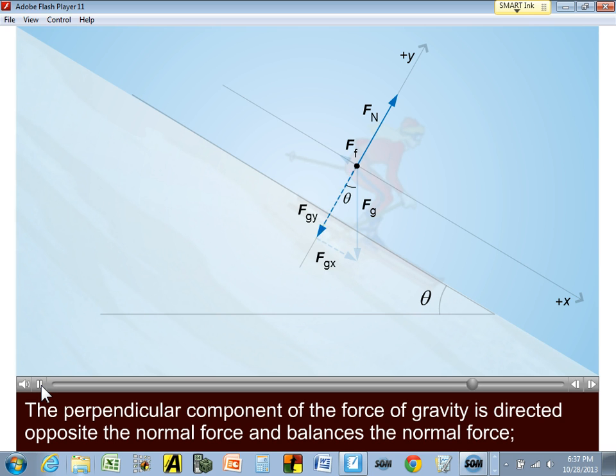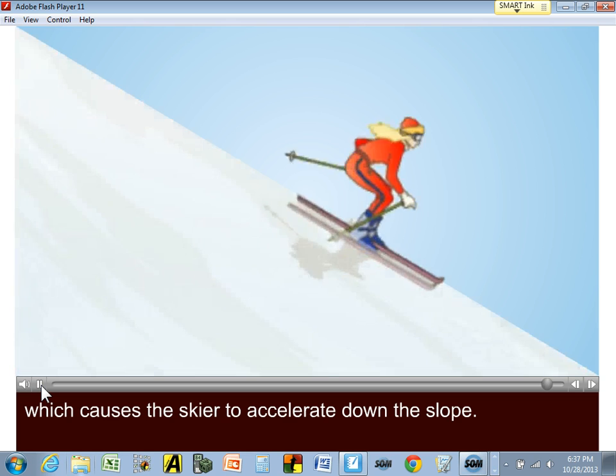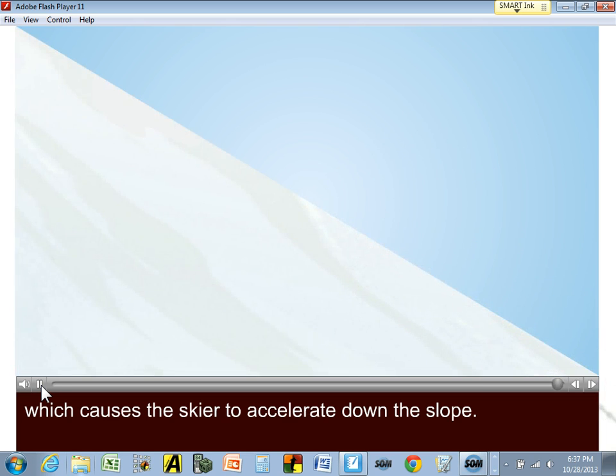The perpendicular component of the force of gravity is directed opposite the normal force and balances the normal force. The parallel component of the force of gravity is not balanced by the frictional force present, which causes the skier to accelerate down the slope.